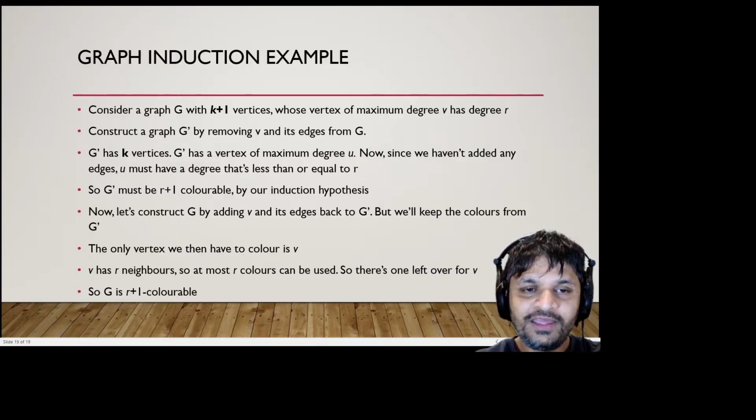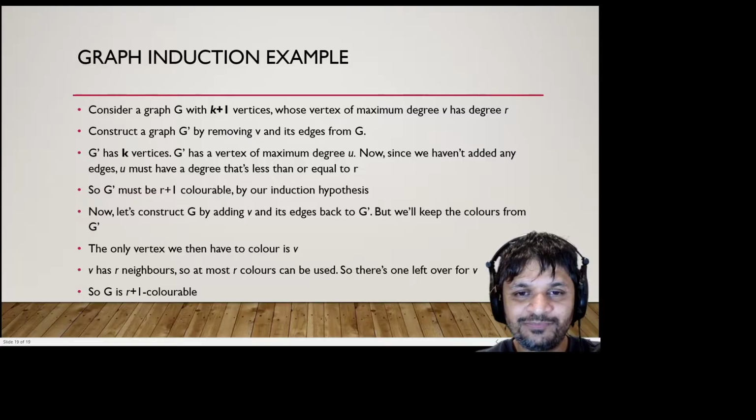Okay, now V has R neighbors, so at most R colors can be used up by its neighbors. So that means if we had R plus 1 colors, there's one left over for V, right? V can use the R plus 1th color. So that means G is R plus 1 colorable just by keeping the same R plus 1 coloring from G prime and adding V back and using that one leftover color.